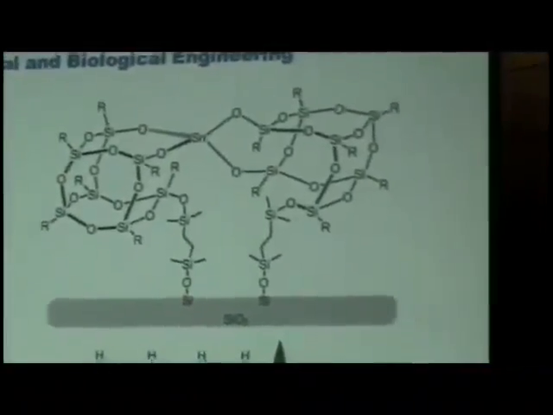Now, how do we show this? First of all, we have to show that indeed we can carry out this reaction, and that can be done because this silane molecule, once you remove this chloride and replace it by an oxygen, the chemical shift of the silicon will change quite substantially.